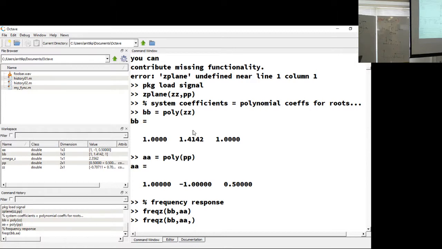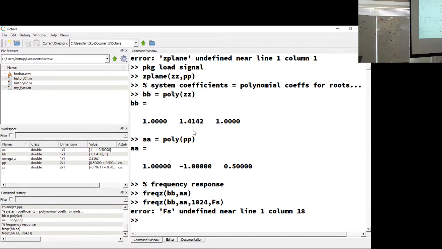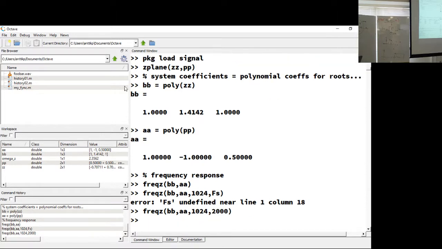The next parameter is the number of points to do the calculations, for example 1024. And the fourth parameter is the sample rate. Check the usage. Oops, what happens? Oh, I don't have the Fs. Yes, 2000 hertz.